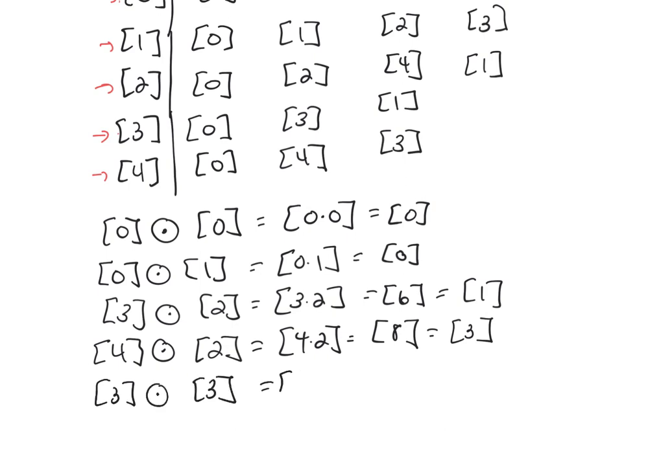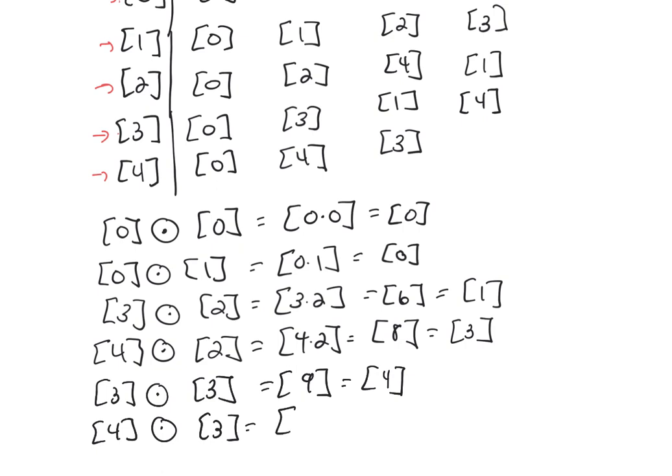That gives us the equivalence class of 9. What's the remainder when I divide by 5? It's 4. So this will be a 4. And then you're going to take 4 times the equivalence class of 3. That would be 4 times 3 is 12. What's my remainder when I divide 12 by 5? The remainder would be 2.